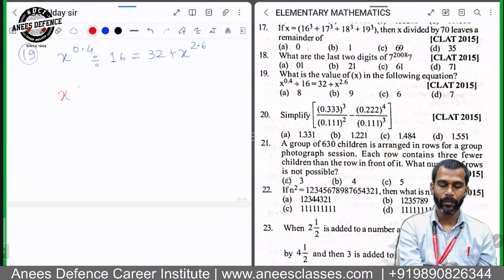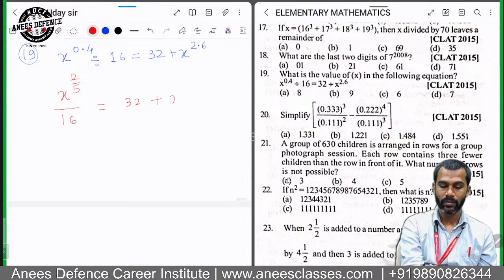Can I write x to the power 0.4 as 2 by 5, divided by 16 is equal to 32 plus x square into x to the power 3 by 5?